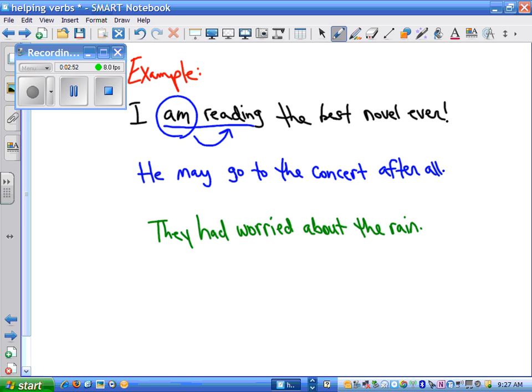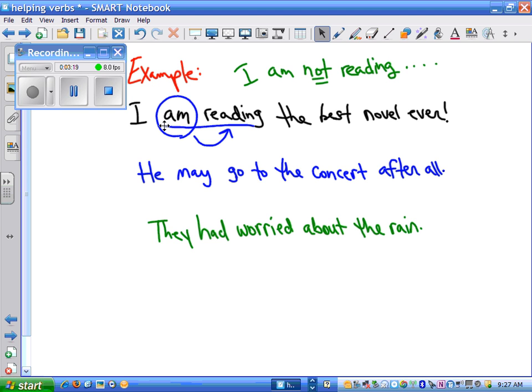Now sometimes words come in between the helping verb and the verb that it's working with, the action verb in this case. Because we could have, could we not? Tell me if I'm wrong. I am not, like that negation. I am not reading the best novel ever.